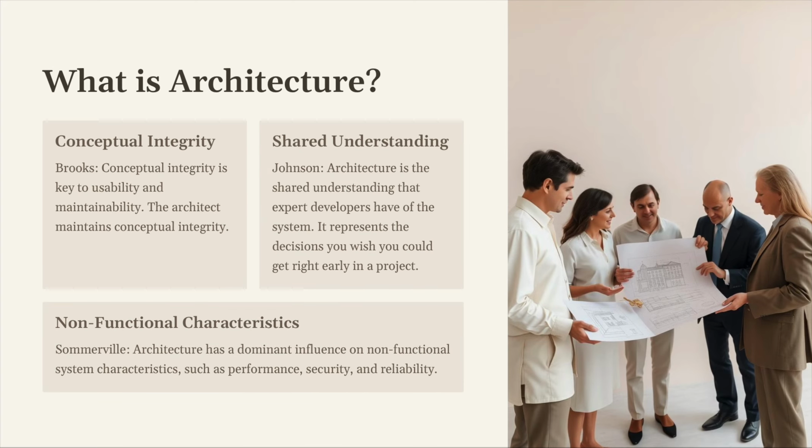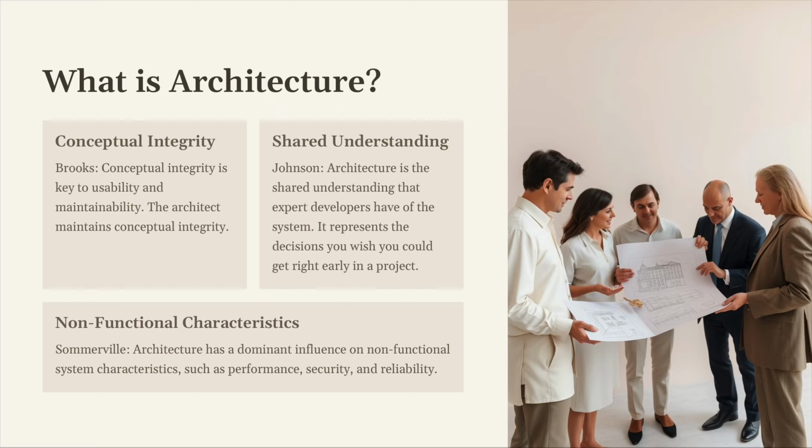What is architecture? Software architecture is about making big decisions early in a project. Let's look at three perspectives. According to Fred Brooks, architecture is about maintaining conceptual integrity. A system that follows a consistent vision is easier to use and maintain.